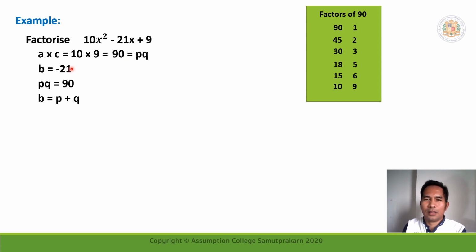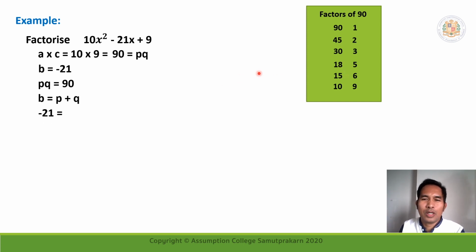How to do it? Okay, very good. You change to negative 15 times negative 6. What is negative 15 times negative 6? Negative times negative will give us a positive value, but negative plus negative will give us a negative value.